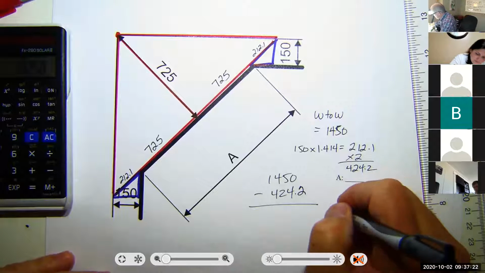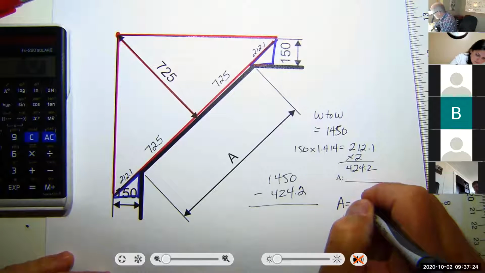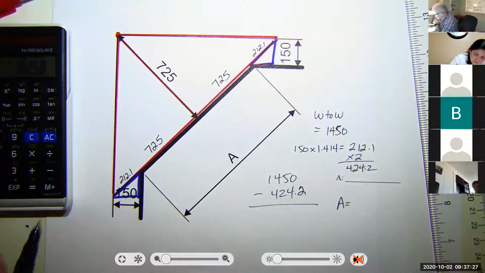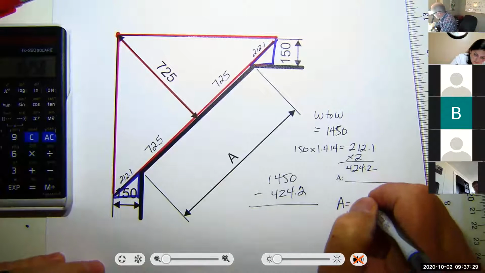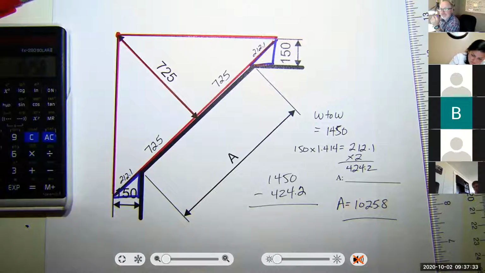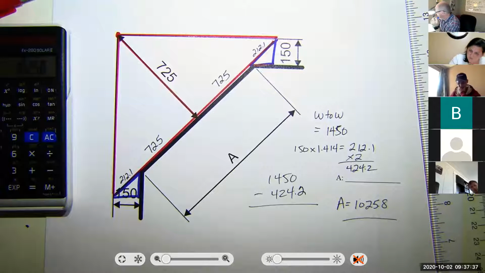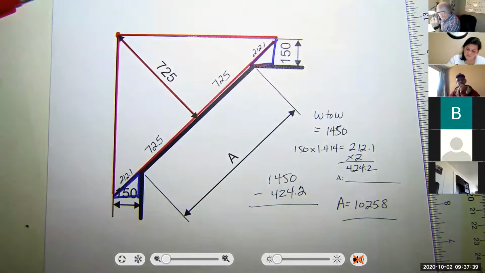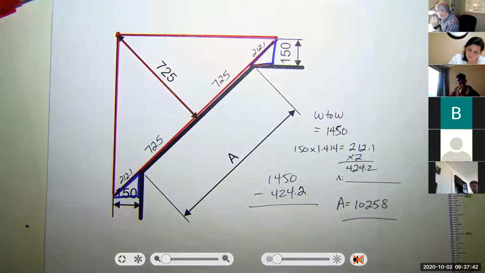And we get A equals, well, that doesn't look right. Is it 1025.8? Yeah. Oops.